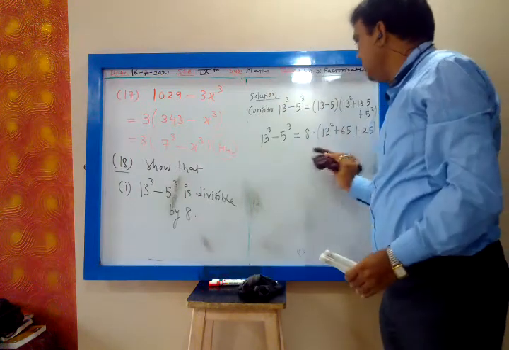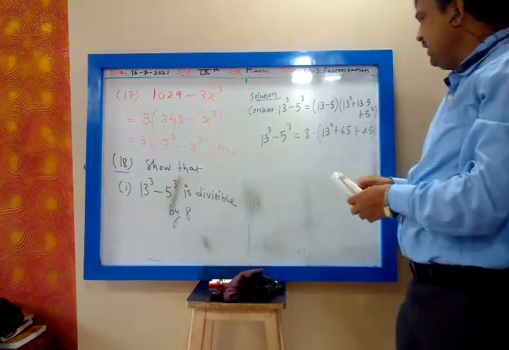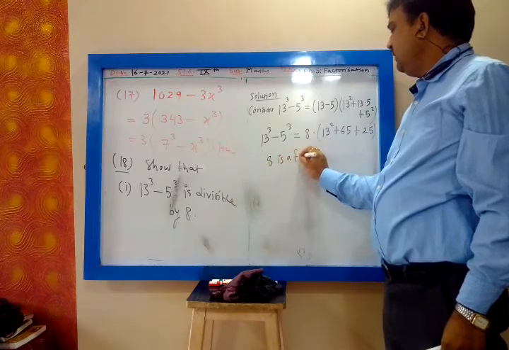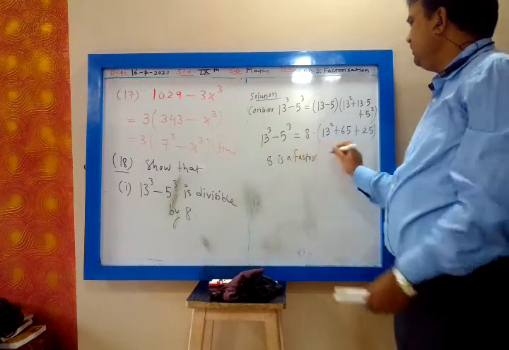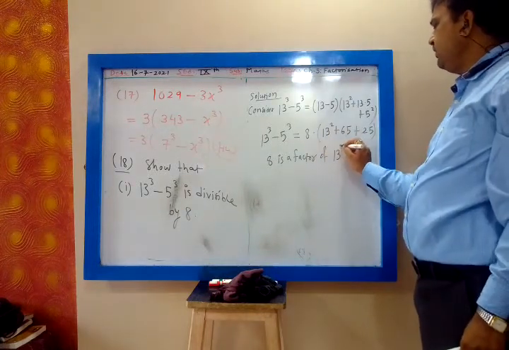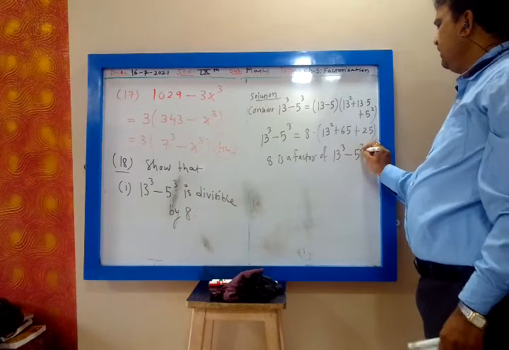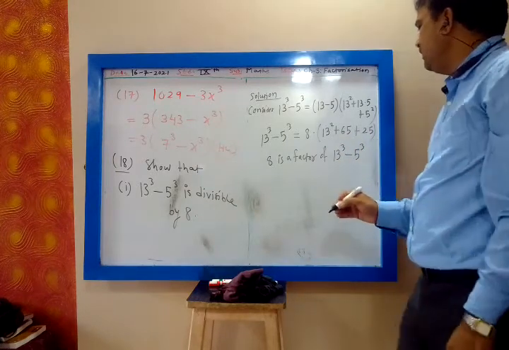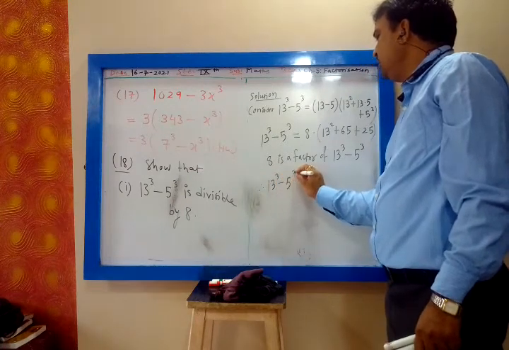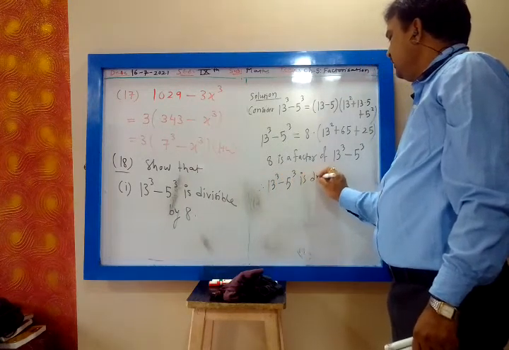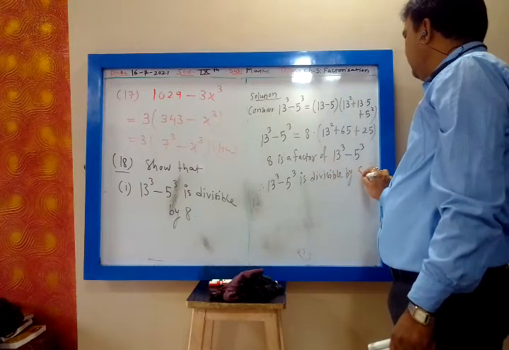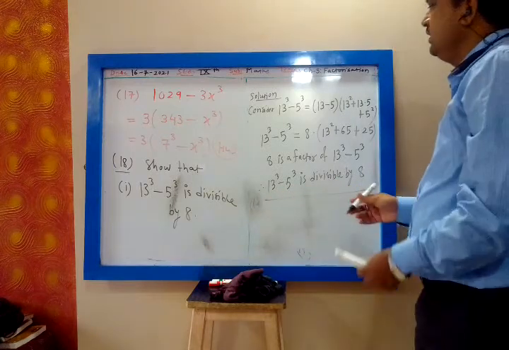So 8 is a factor of 13 cube minus 5 cube; that part we don't simplify. That means 13 cube minus 5 cube is divisible by 8. So you have to show that basically 8 is a factor of 13 cube minus 5 cube. That's all.